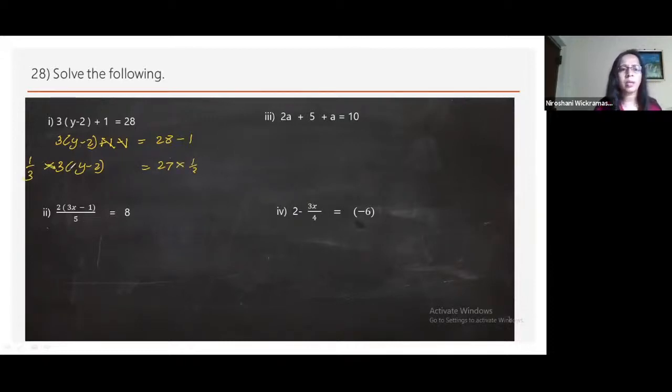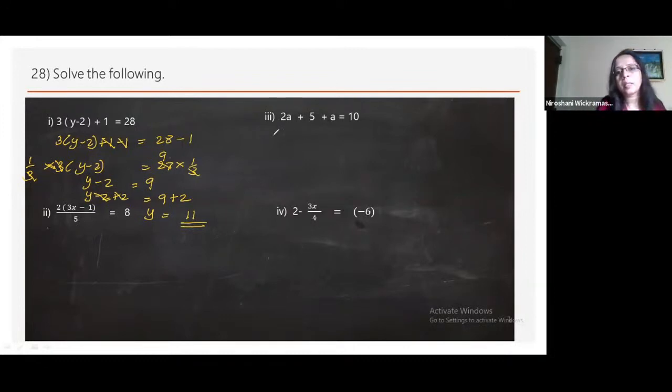If not, you can divide both sides by 3. y minus 2 equals 27 divided by 3, that is 9. Then the additive inverse of minus 2: y minus 2 plus 2 equals 9 plus 2. What is the answer? y equals 11.